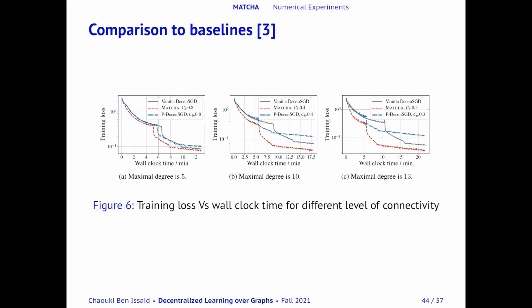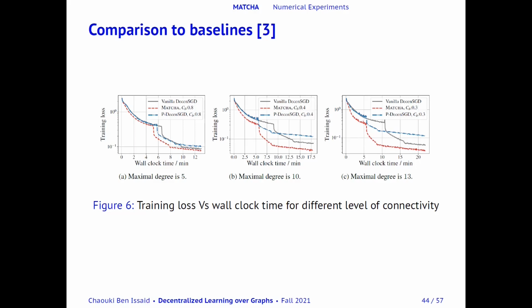When we further increase the density of the base topology, MATCHA can reduce communication time even by 3.3 times per iteration without hurting the error convergence.